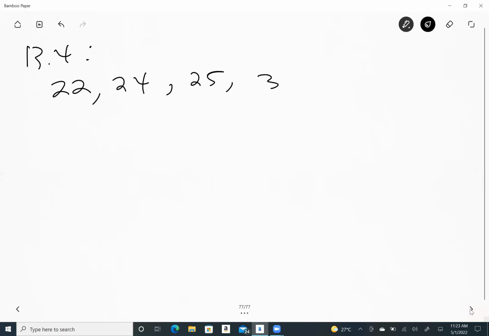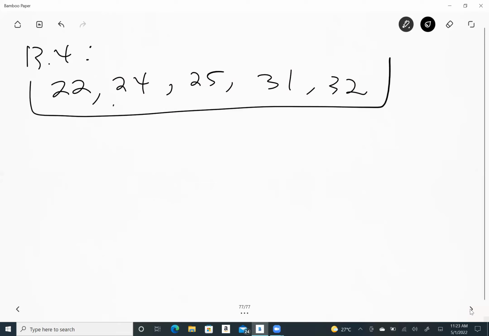And then you do 31, 32. For each of these, you have the supply, you have the demand. So don't follow the book. For all these questions, you find both consumer surplus and producer surplus.